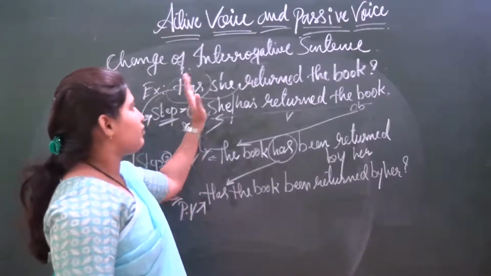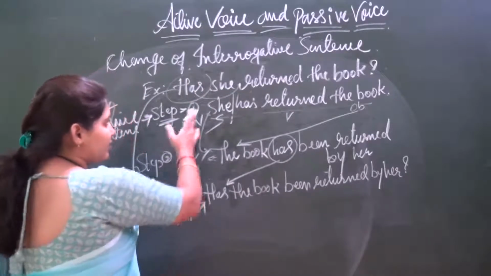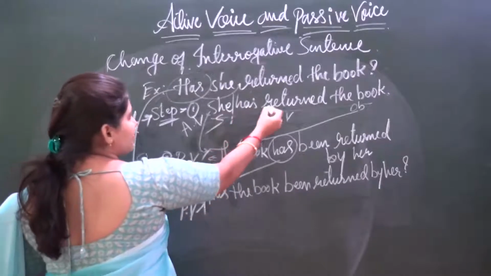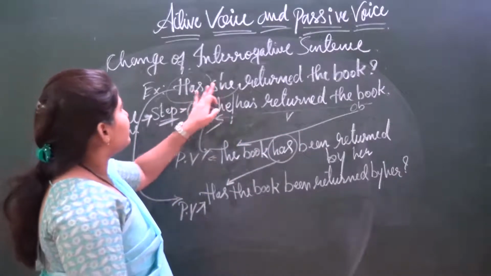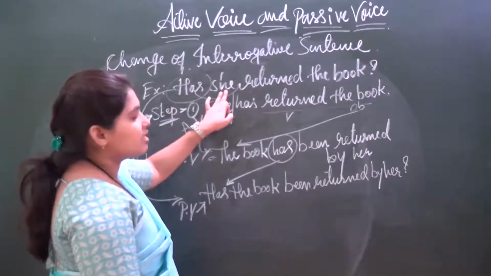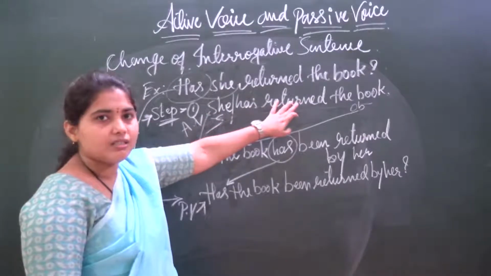That auxiliary verb you should just change, changing the places of the words. Now, she has written the book. Just I changed here only. I placed she instead of has, and instead of she, I placed has here. Okay. So, she has written the books.